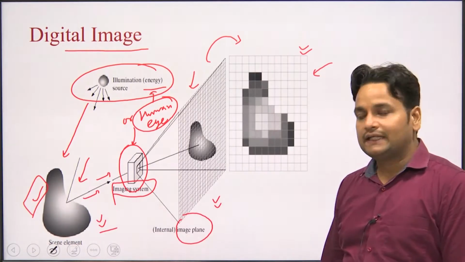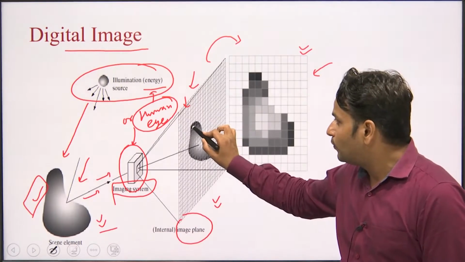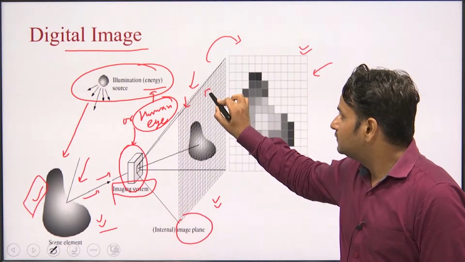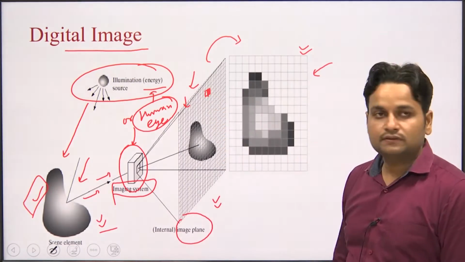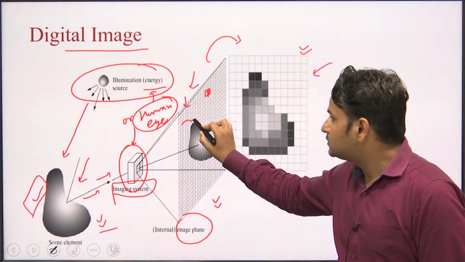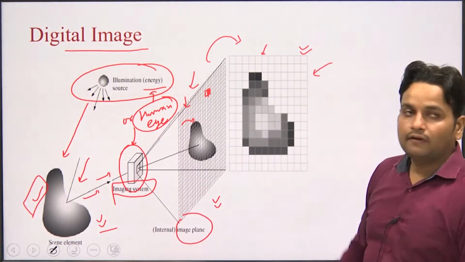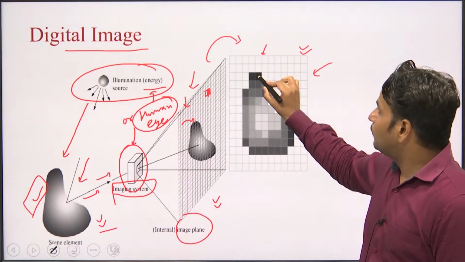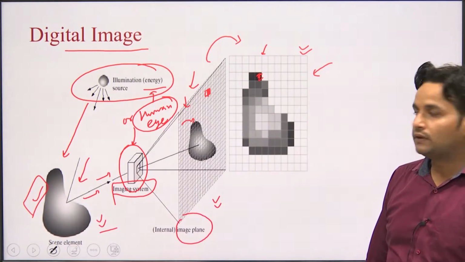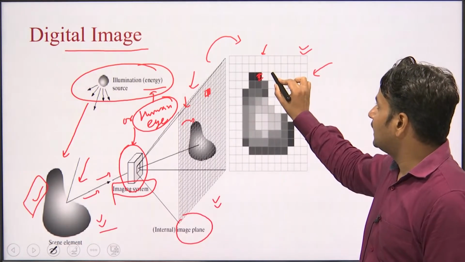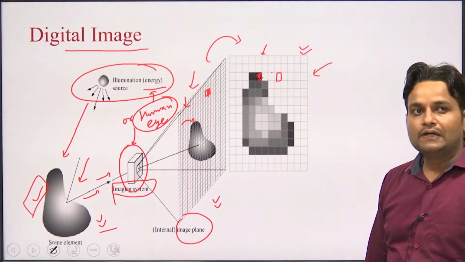Why is it digital? If we look at this image, these are the grids, so it has many rectangular portions. Some of the rectangles are not filled completely here, while in this part the complete rectangle is totally filled, so it is still an unfilled portion.